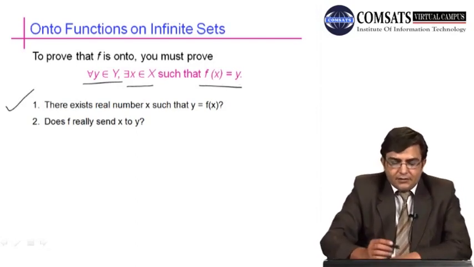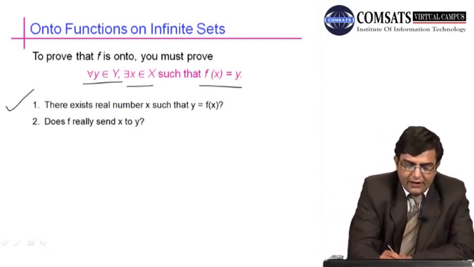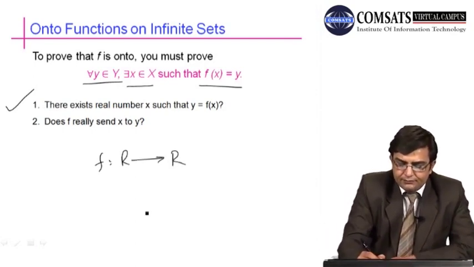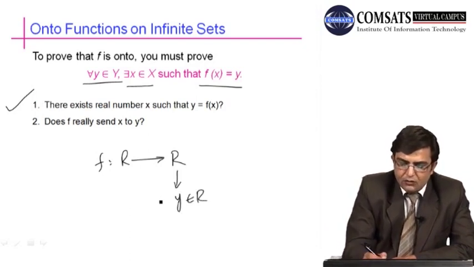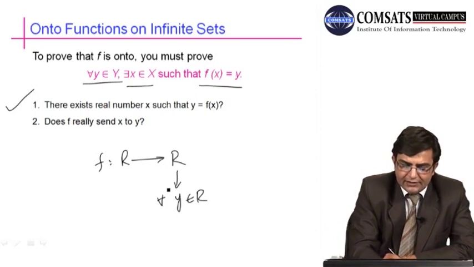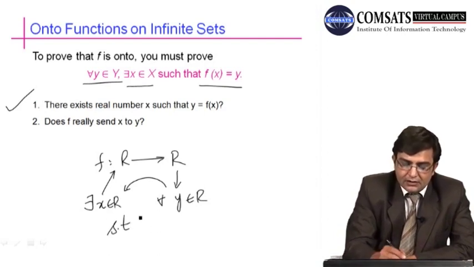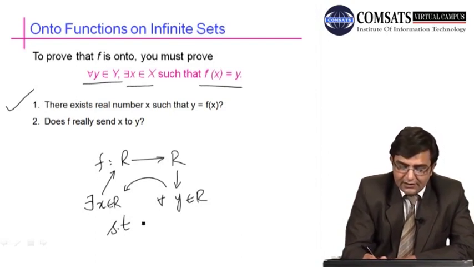Now in this particular type of function, which is f from R to R, for all elements y which are in R, we have to prove that there exists some x belonging to R, such that if we take the image of x under f, that is f of x, this is equal to y.